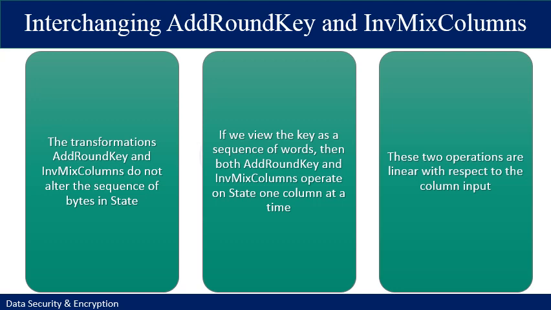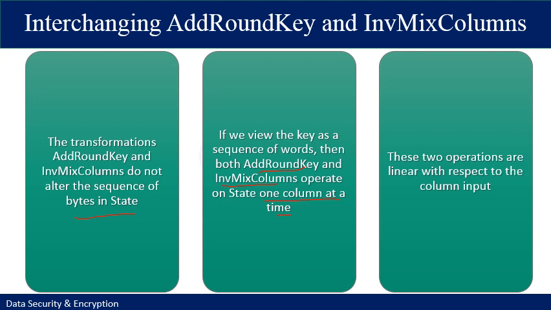Similarly, interchanging add round key and inverse mix columns is also very easy. The transformations by add round key and inverse mix columns do not alter the sequence of bytes in the state. If we view the key as a sequence of words, then both add round key and inverse mix columns operate on the state one column at a time.